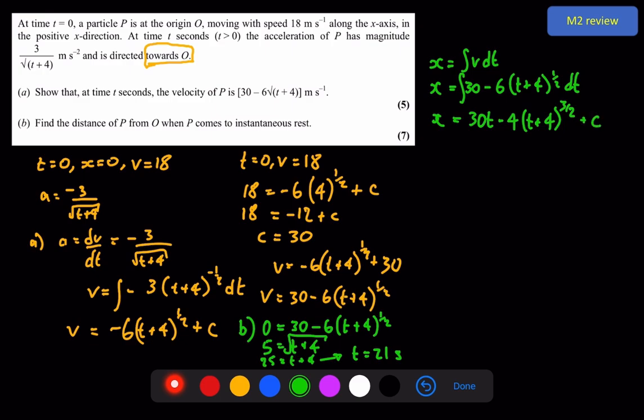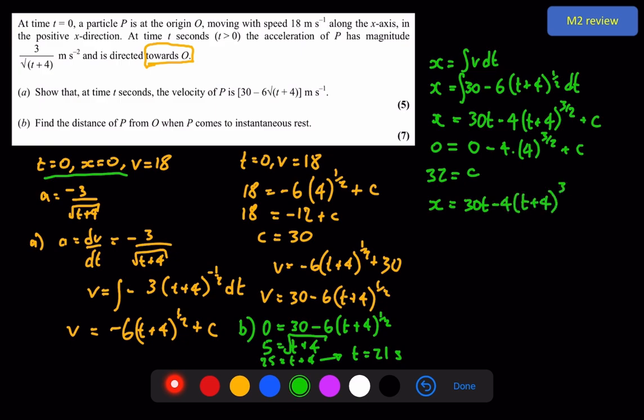And we also know when t is 0, x is 0 from our original boundary conditions. So 0 is equal to 0 minus 4 times 4 to the 3 over 2 plus c. 4 to the 3 over 2 is 8, 4 times 8 is 32, is equal to c.